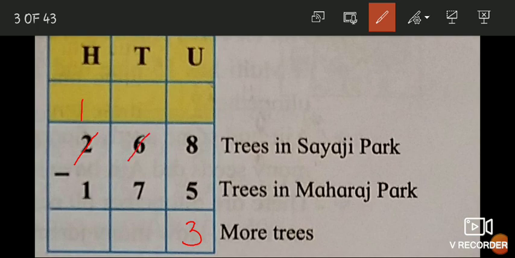And this number will be 16. 16 minus 7 is 9. 1 minus 1 is 0. So, your answer is 93.